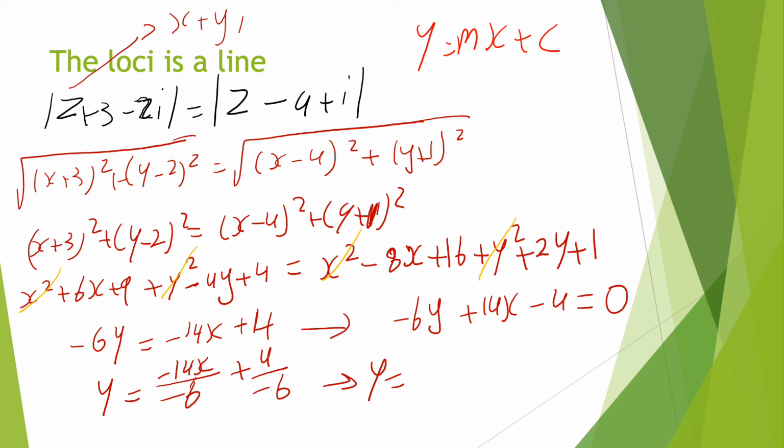Simplify, it's giving me 7x over 3 minus 2 over 3. So you can draw a line with 7 over 3 as the gradient, and the y-intercept is negative 2 over 3.